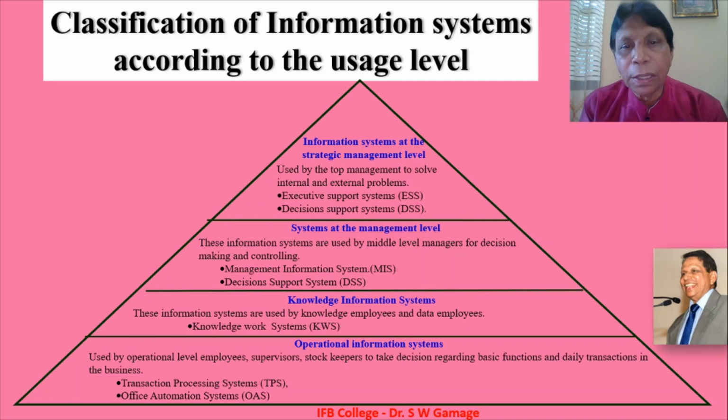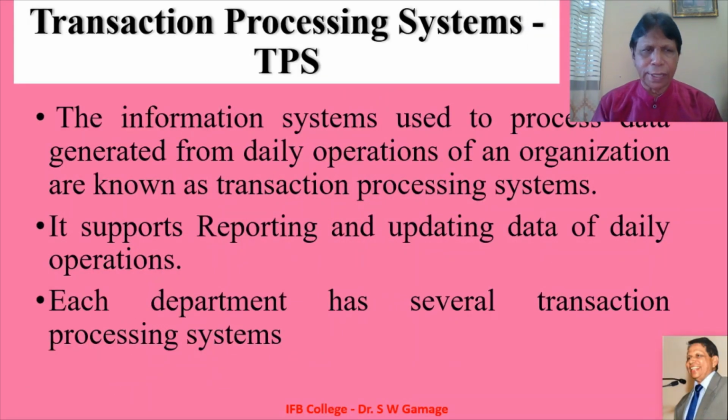There are information systems used according to the various management levels: strategic management level, operational level, knowledge level, then management level and high management level. I have just explained the levels in this diagram and what information systems are used by them. I will go and give you examples to understand this.